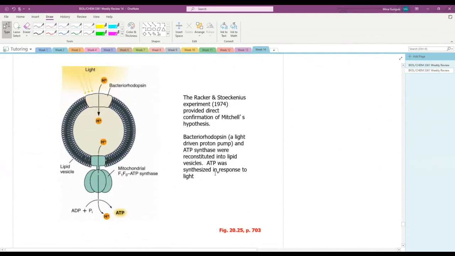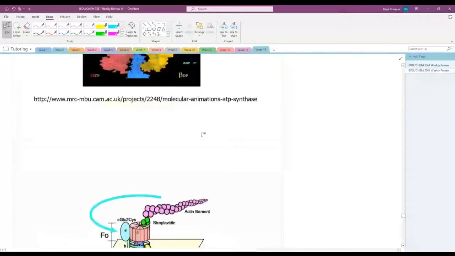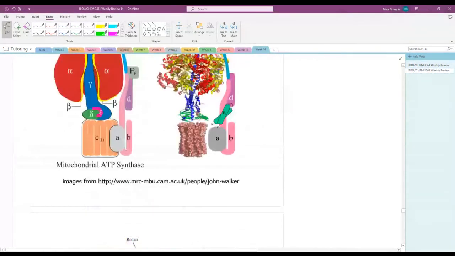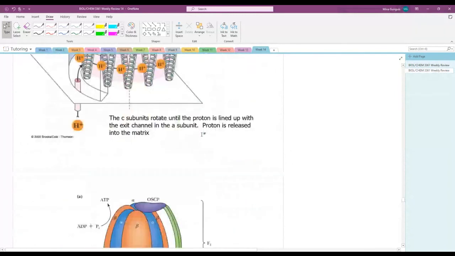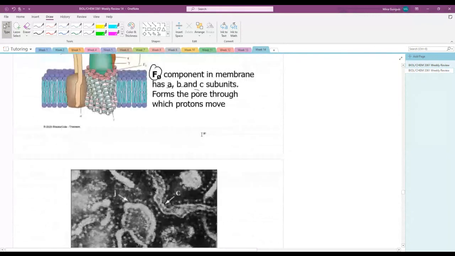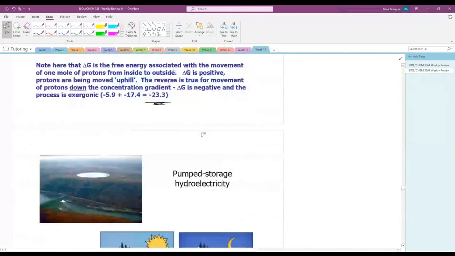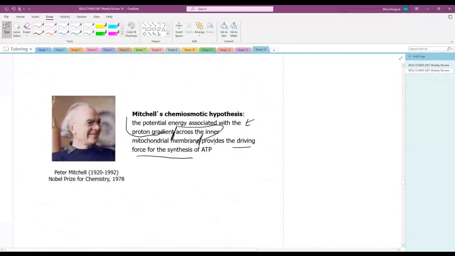Okay. So we talked about Mitchell's chemiosmotic hypothesis, right? And I'd like to go back to that to make sure that we know exactly what it says. It's the thing that states that the potential energy from the proton gradient between the intermembrane space and the mitochondrial matrix is the driving force behind ATP.